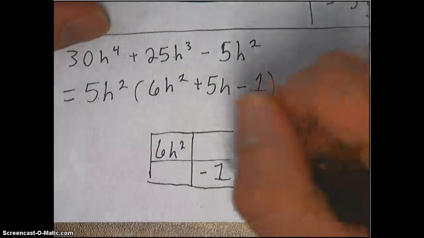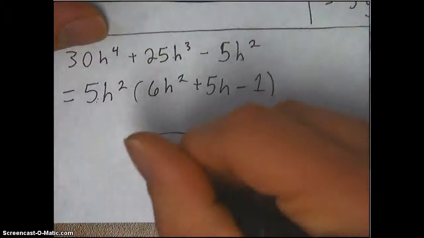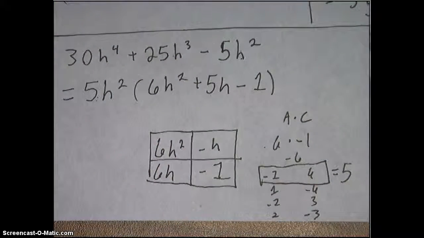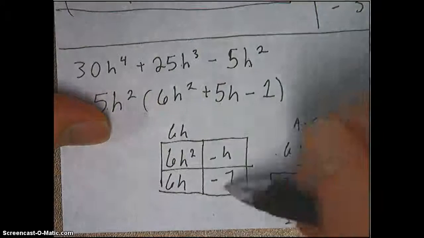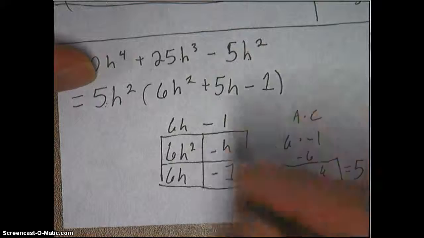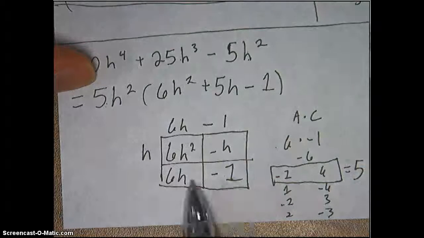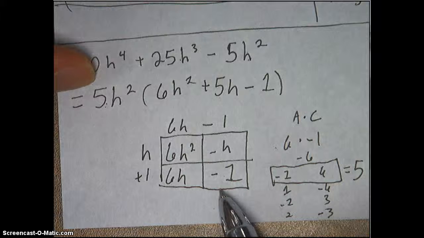So that's how I'm going to divvy up my box here. I've got a -1h and a +6h. What do these two have in common? They have a 6h in common. What do these have in common? -1. What do these have in common? H. What do these have in common? +1. You may not see that.